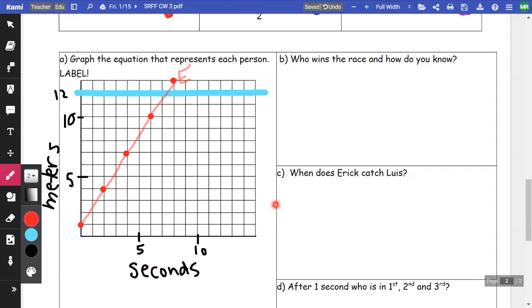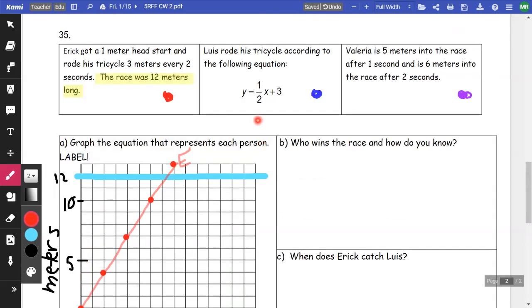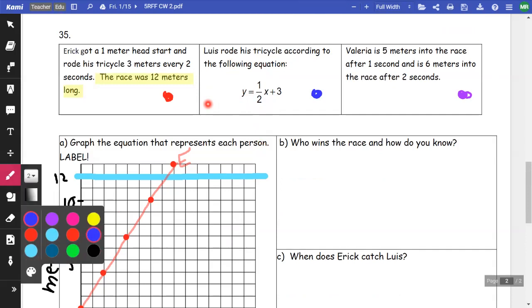Okay, so now my next one, they gave me an equation. So Luis rode his tricycle according to the following equation. Y equals 1/2 x plus 3. So this means, let me get it out of the light color, and he's blue, so let me get blue, a 3 meter head start.